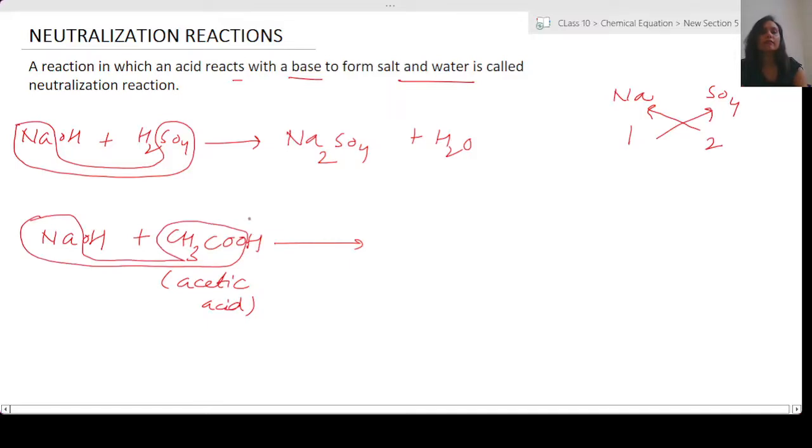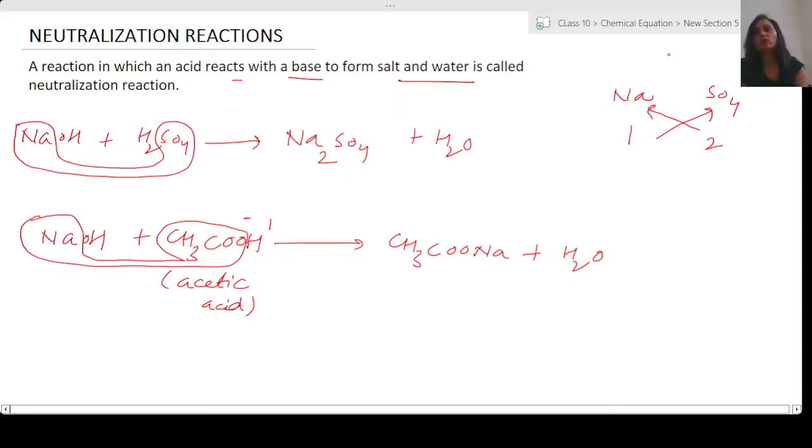This is minus and this H is plus, remember. So Na will combine with CH3COO to form CH3COONa, and H2O will come out as water. All these are examples of the neutralization reaction, a reaction where simply an acid reacts with a base and the products are always salt and water.